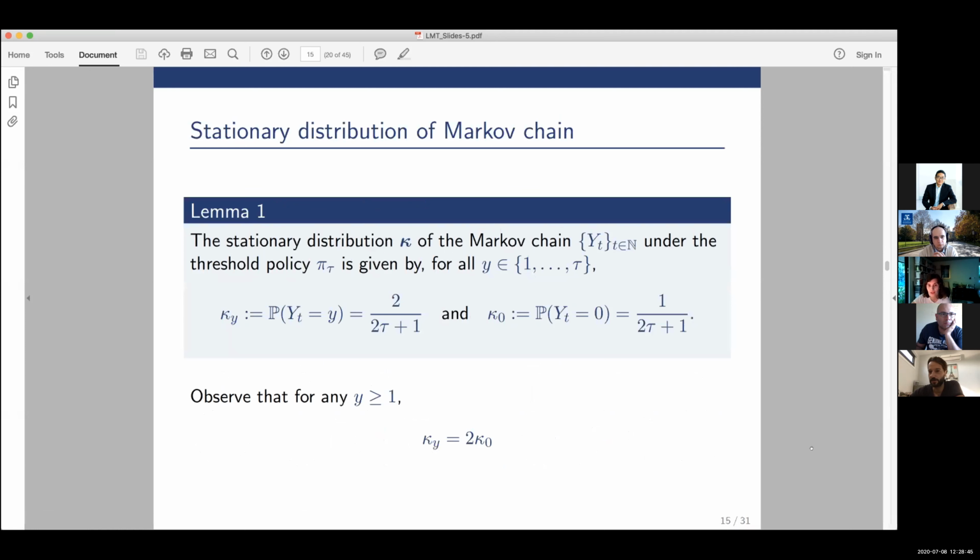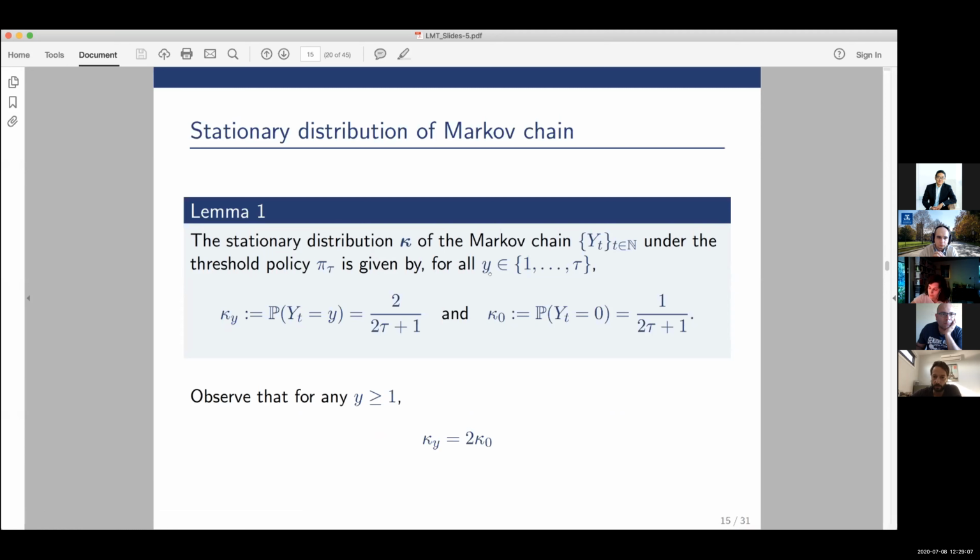And now this is a lemma that was present in the paper for a long time, but it was more stated as a technical result, but it turns out to be key for our results. So it describes the stationary distribution of the Markov chain under the threshold policy pi tau.